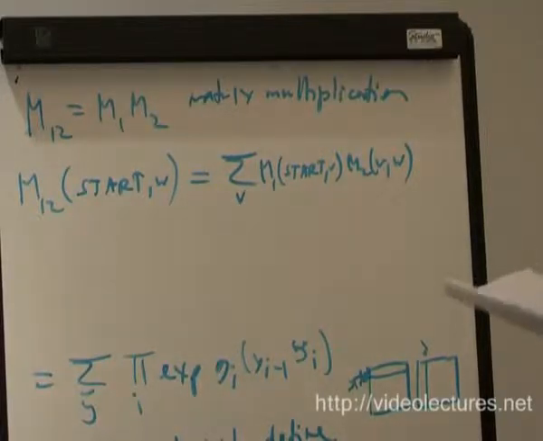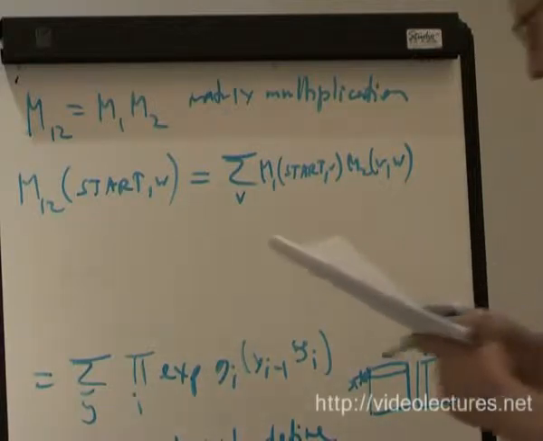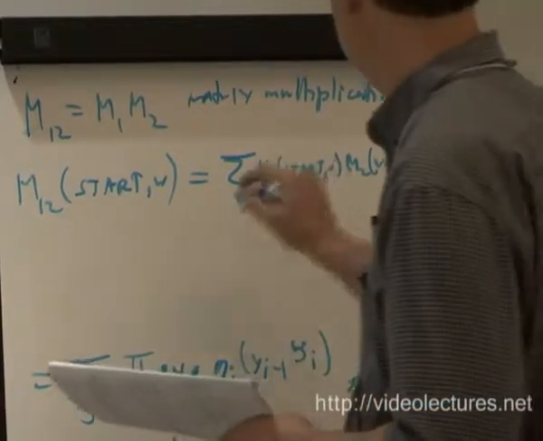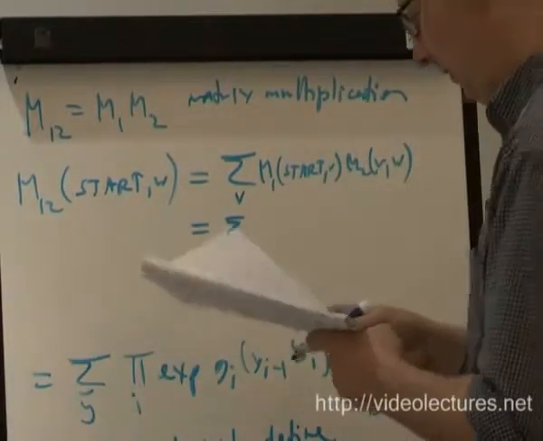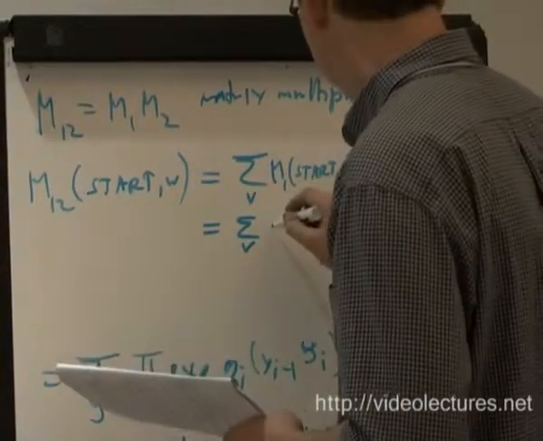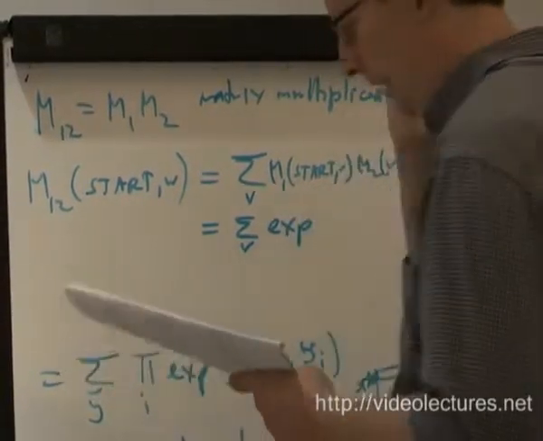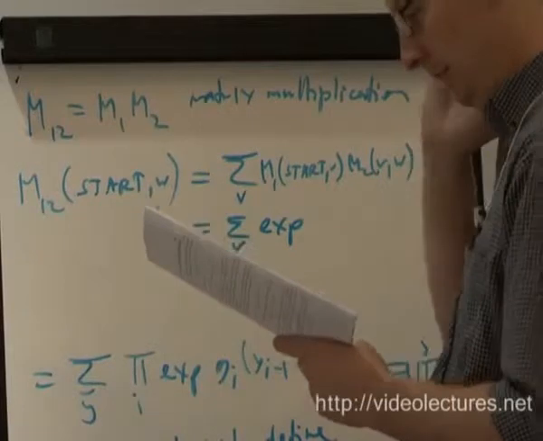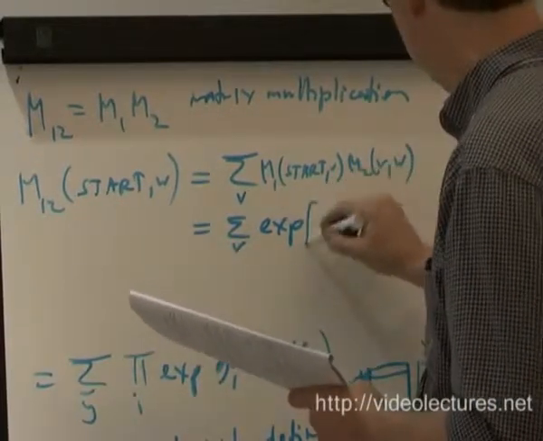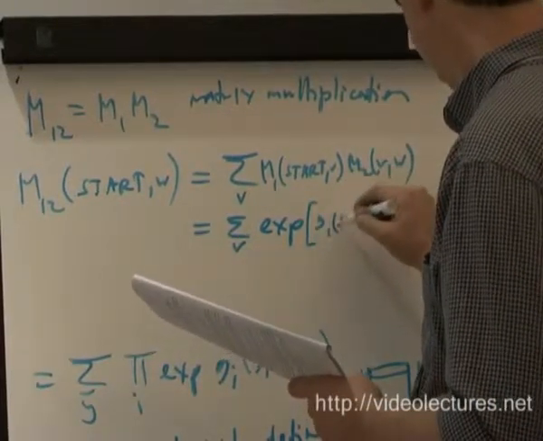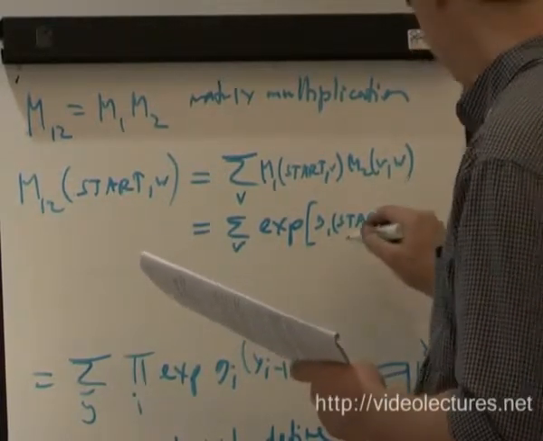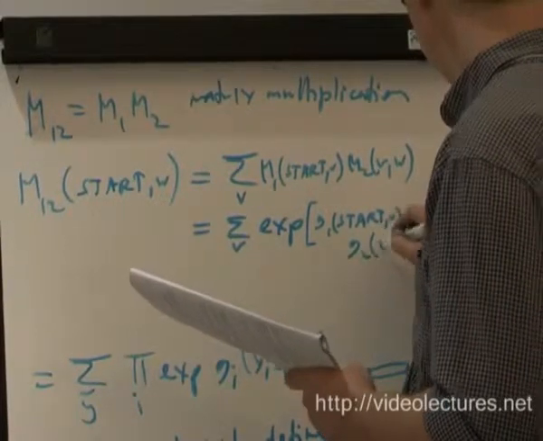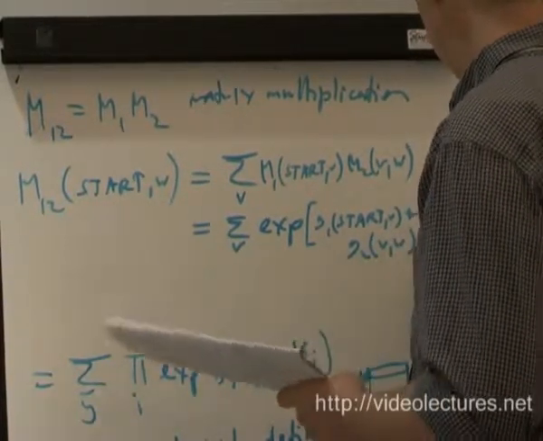But this is the sum over v of the exponential of g_1 of start, v plus g_2 of v, w.